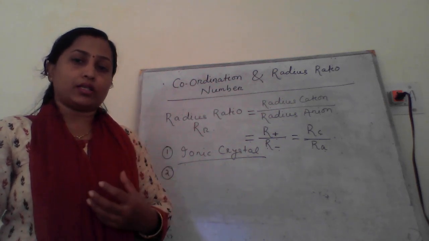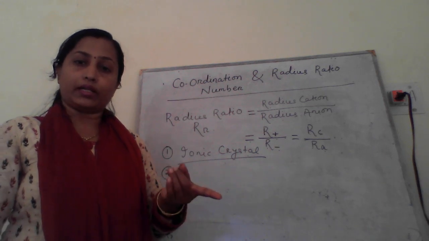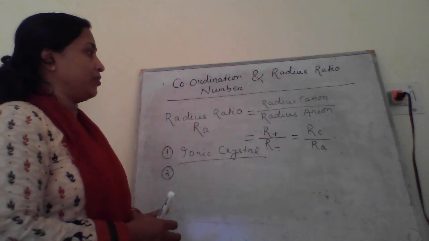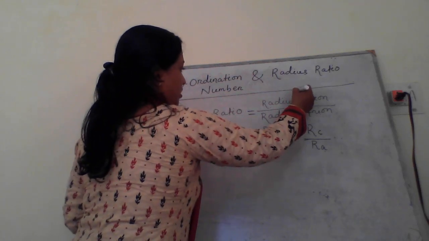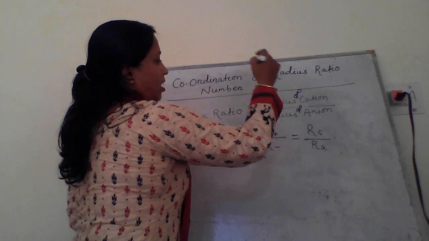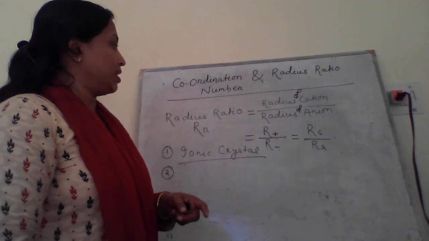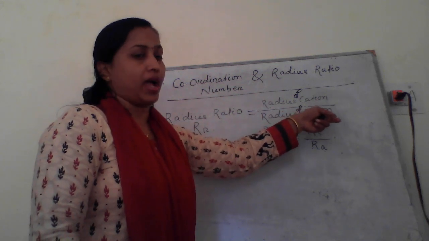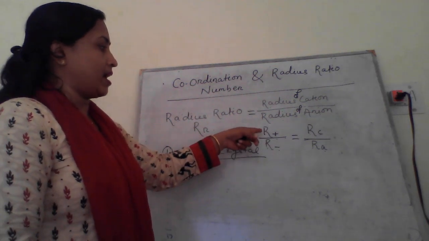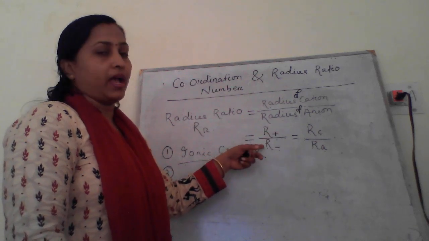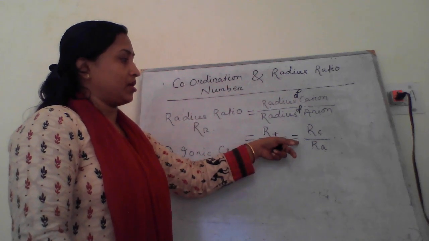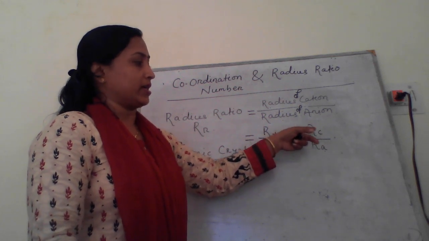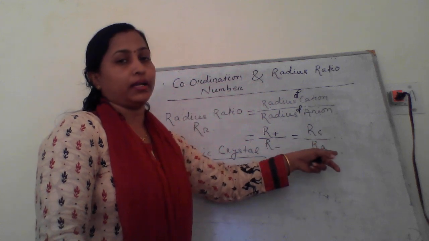So what is radius ratio and how is it interrelated? Radius ratio is the ratio of the radius of cation to the radius of anion. It is represented as R plus divided by R minus, which is Rc upon Ra.